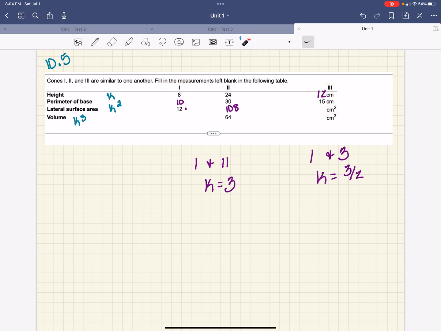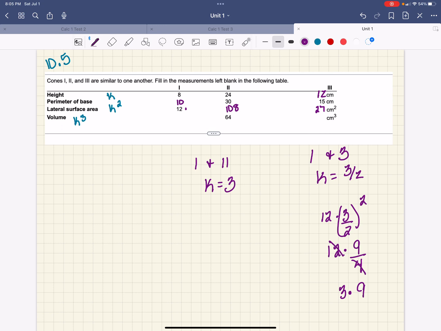I take this 12 and multiply by 3 over 2 squared. So 12 times 9 over 4. These cancel, so I have 3 times 9, and that gives me 27.